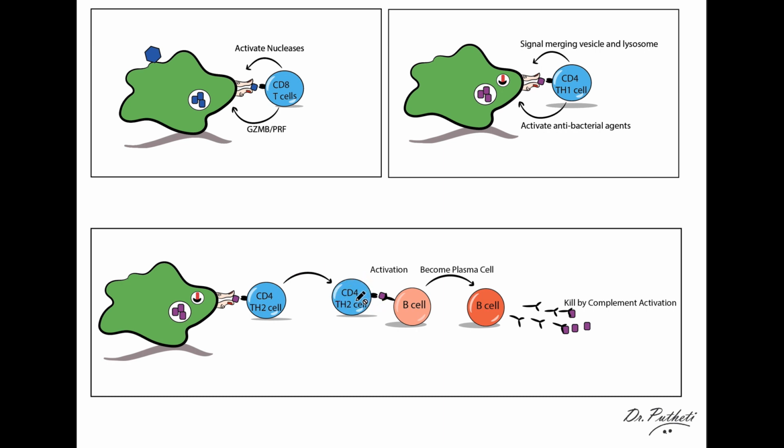Now this goes and activates a B cell that has already identified this antigen in the circulation or in the secondary lymphoid organs. Now remember, CD8 T cell action can happen in the blood or in secondary lymphoid organs, but CD4 and B cell activity takes place in secondary lymphoid organs.